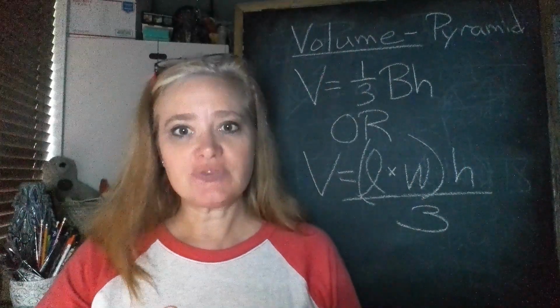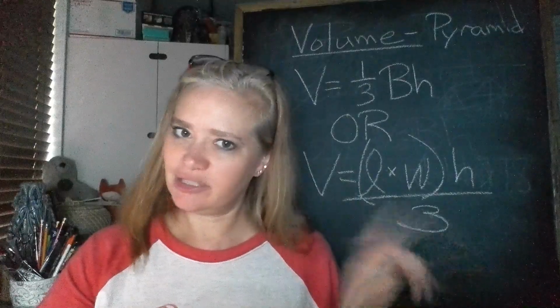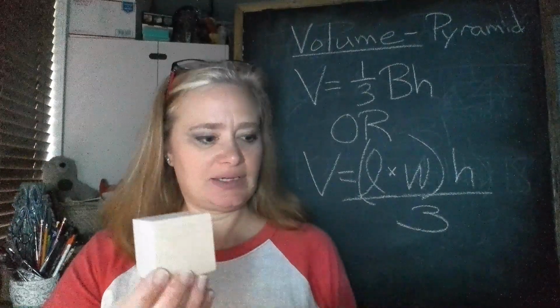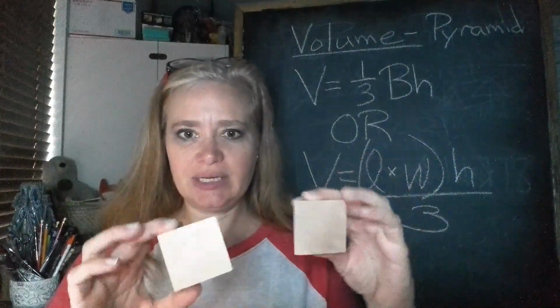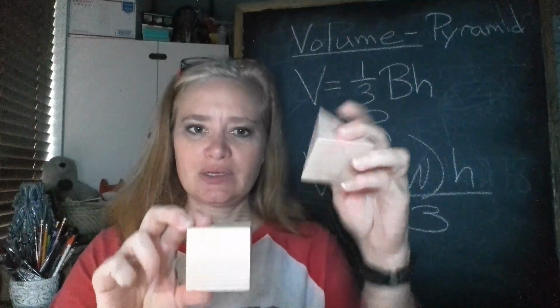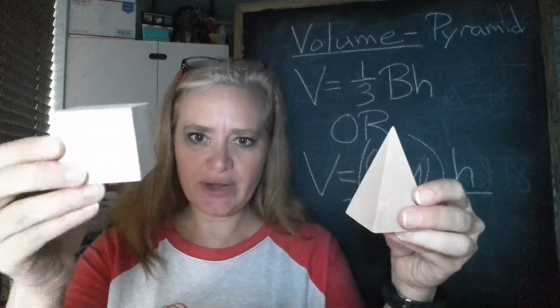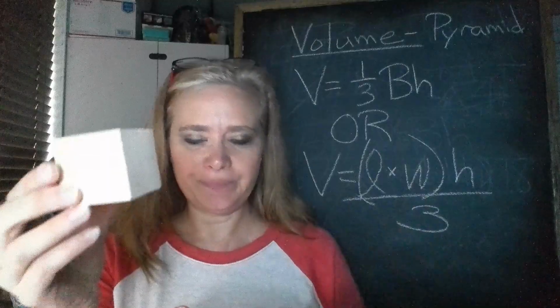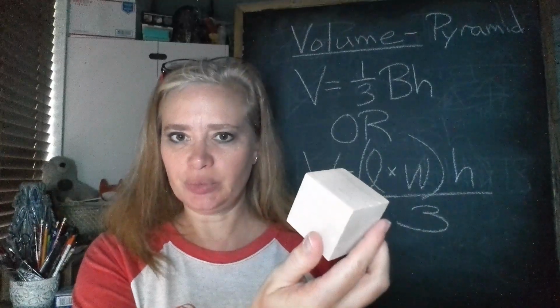One of the things you've seen in the videos that I know you watched earlier is that a square pyramid and a cube with the same bases are related. So your square pyramid is 1/3 the volume of a cube.